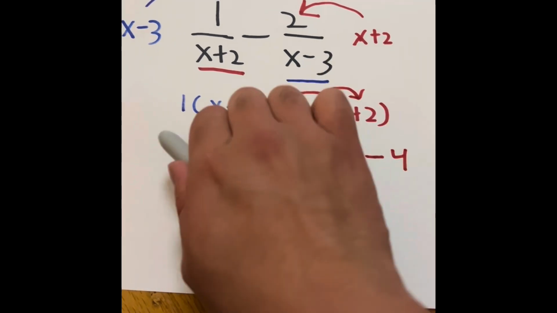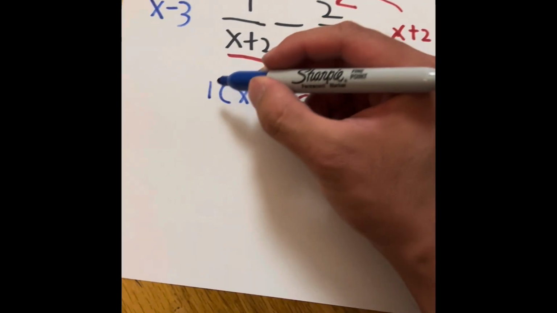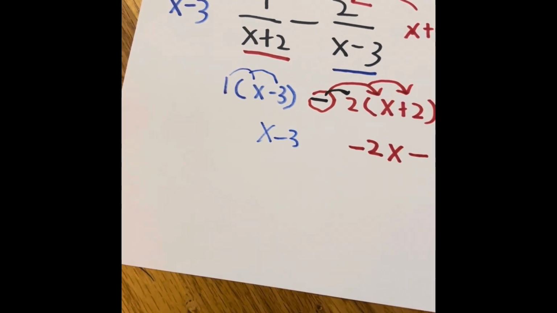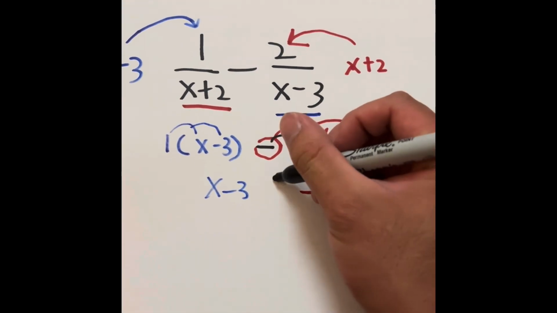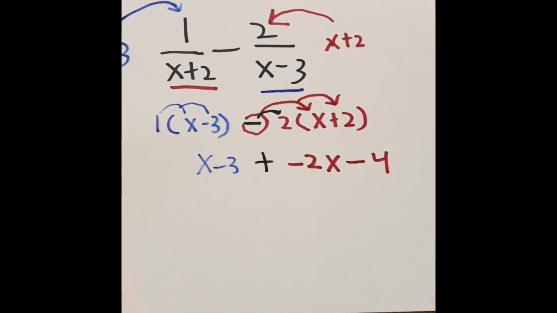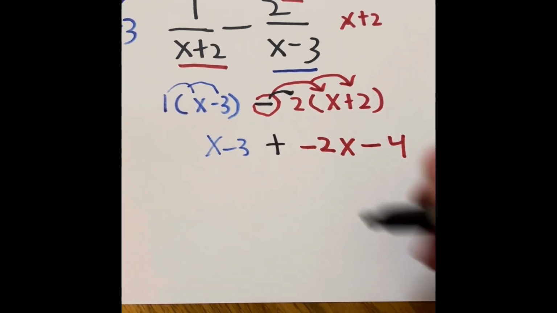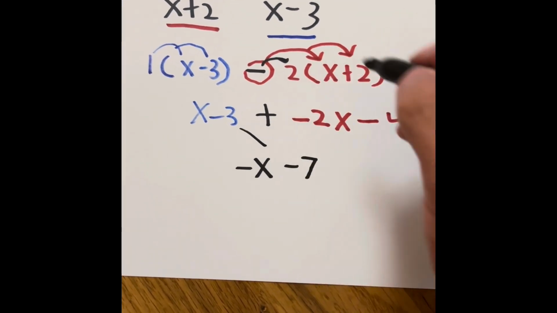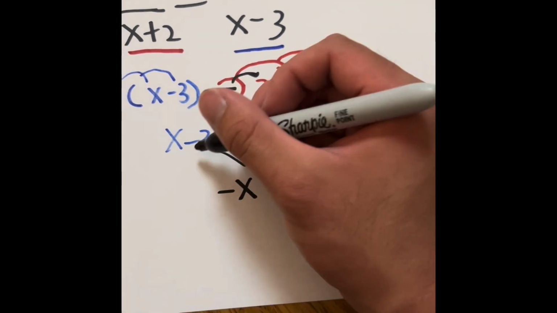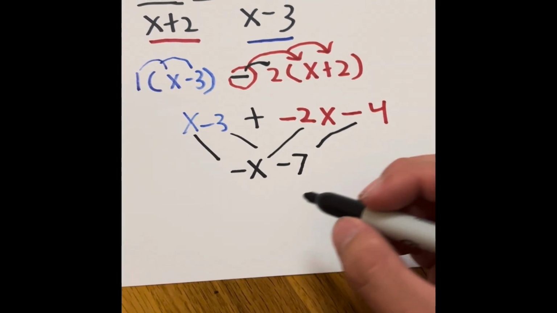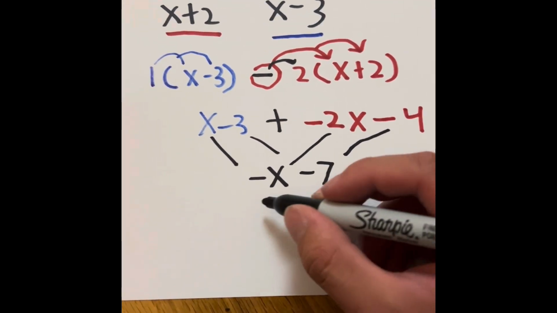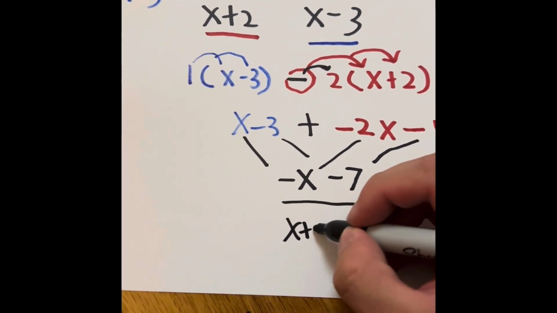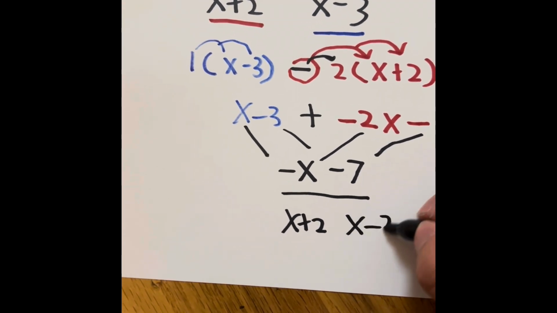And the 1 and the x minus 3 is going to be this times that, and that times that, just x minus 3. When you add the two using simple math, you're going to get an answer of negative x minus 7, because you're combining the constants from these two, and you're combining the x terms from these two. So negative x minus 7 divided by x plus 2 and x minus 3.